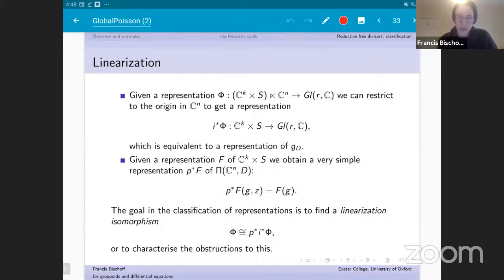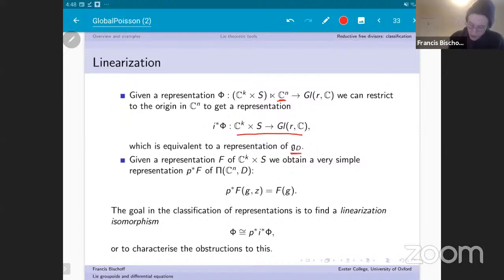So given a representation phi of this groupoid, one thing that we can do is restrict it to the origin in C^n. And when we do this, we get a representation of a group, and this is equivalent to a representation of this Lie algebra g_D.